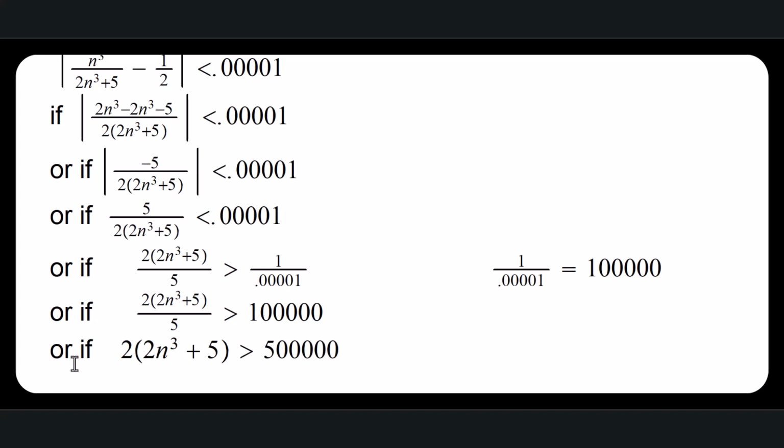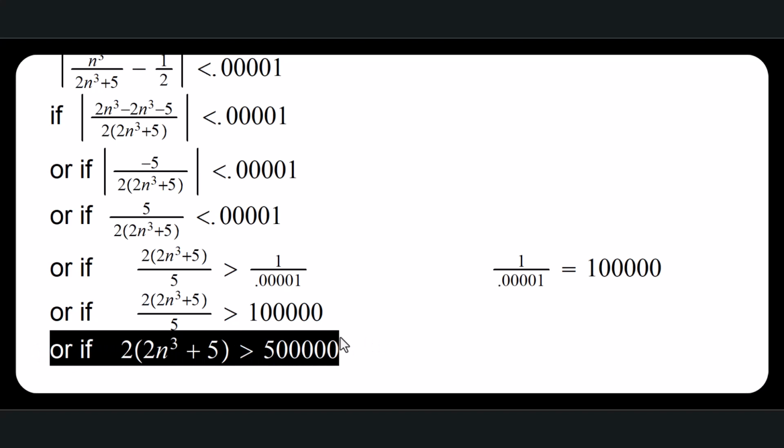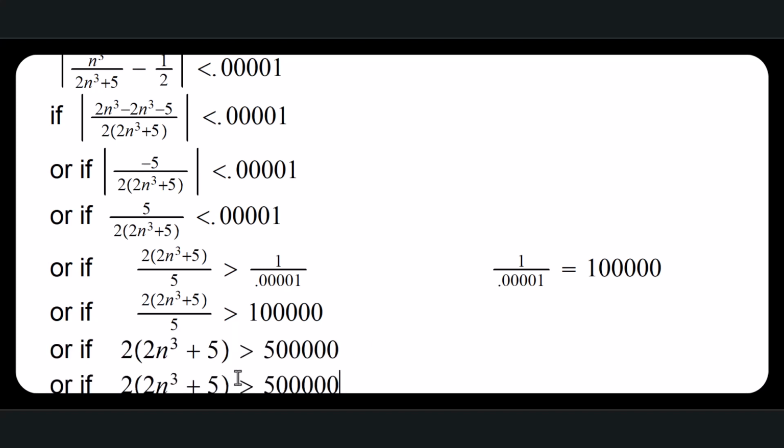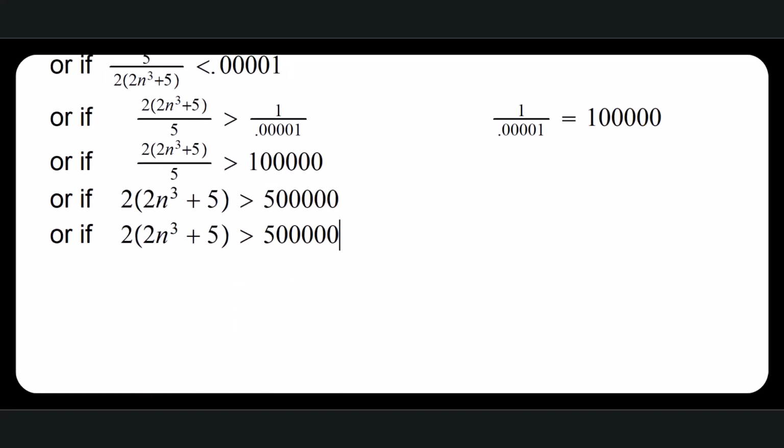And that means we have that this quantity is greater than, we can divide 500,000 by 2, which will become 250,000.